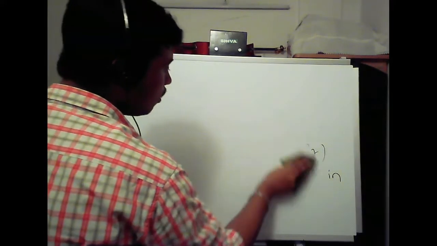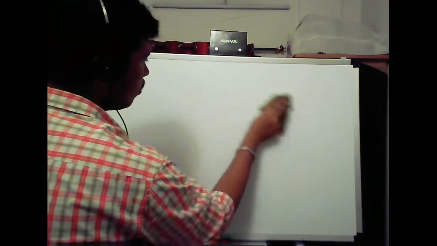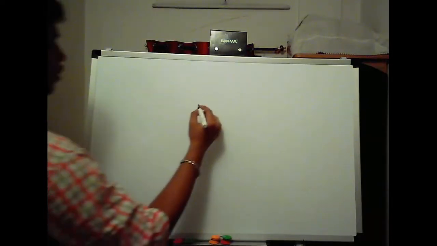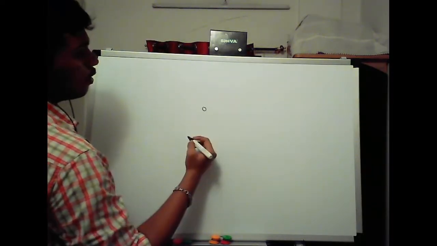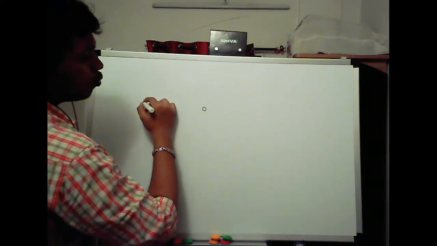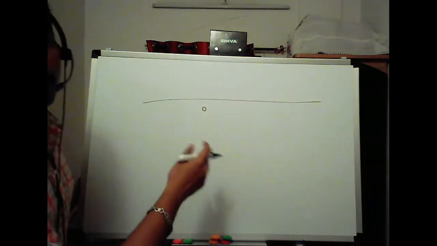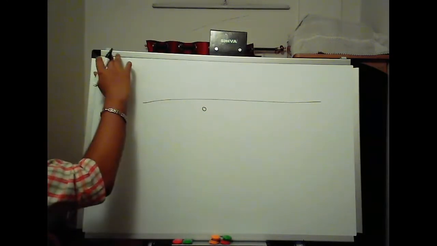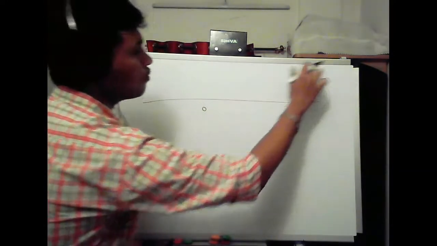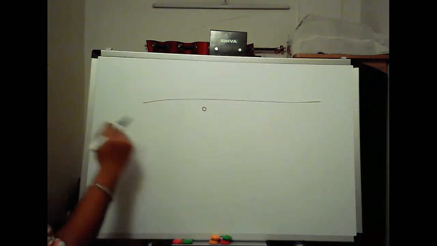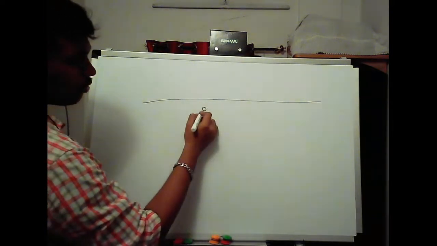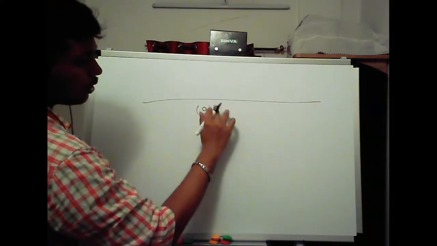The nucleus is a small thing, and the DNA is 2.2 meters, more than the length of this board, because this is 60 centimeters. And this nucleus is not even this size.